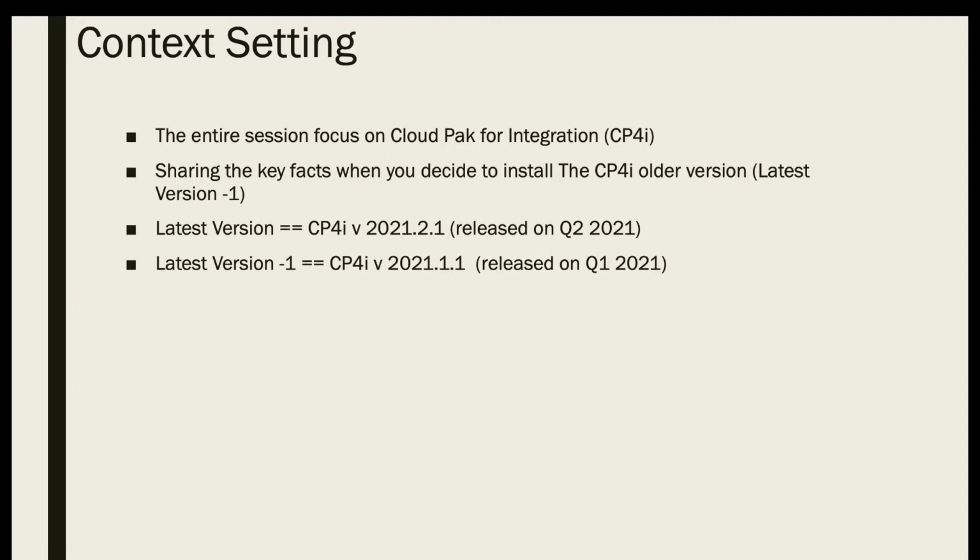But if you're supposed to set up a -1 version, what are you supposed to do, what are all the things that you may need to look out for? That's the reason the context is about, you are supposed to set up latest version -1.